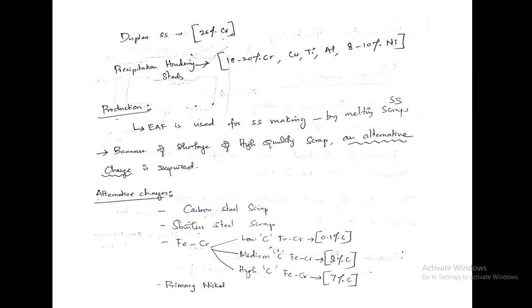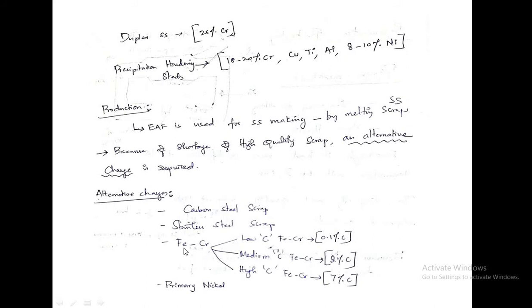Particularly, stainless steel involves the EAF process, which uses all the stainless steel scraps. We have a shortage of high quality scraps, so we look at alternate charges, like carbon steel scrap and other types of scraps, and they melt them in the EAF to produce stainless steel.